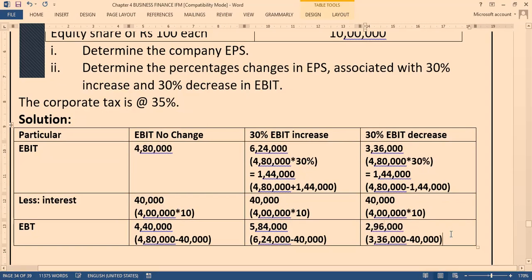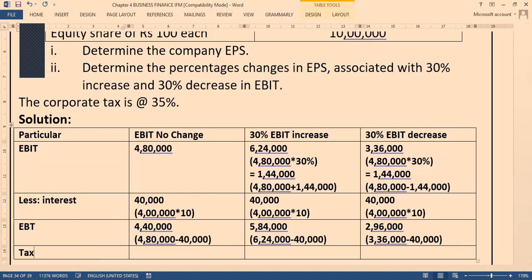Now we have to check the tax. In the question, they clearly mention the corporate tax is 35%. On what you got as earning before tax, that has to be taken into consideration.